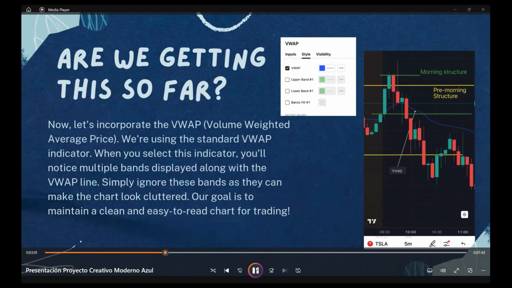And we only need the VWAP line as it will act as a dynamic support and resistance during our trade. What does dynamic mean? It means it could change over time during the trading hours. Our goal is to maintain a clean and easy to read chart for trading.